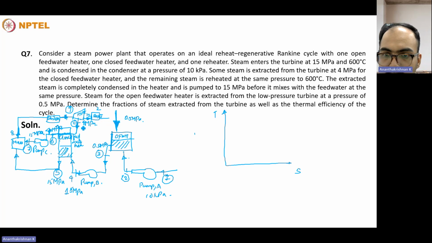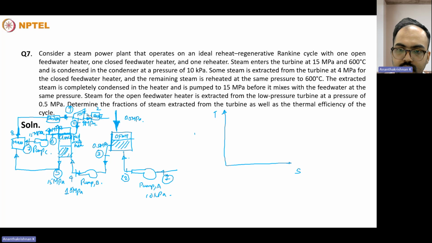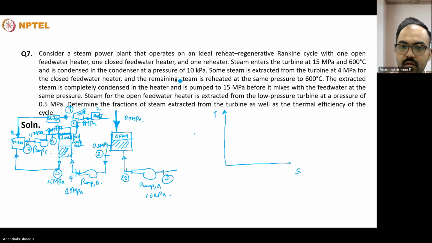I beg your pardon. So these 2 points would actually be the same. The exit of the high pressure turbine before it enters the boiler, both of them will be at the state point 10. State point 10.